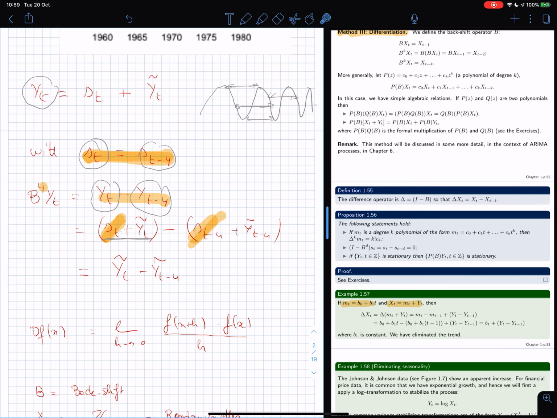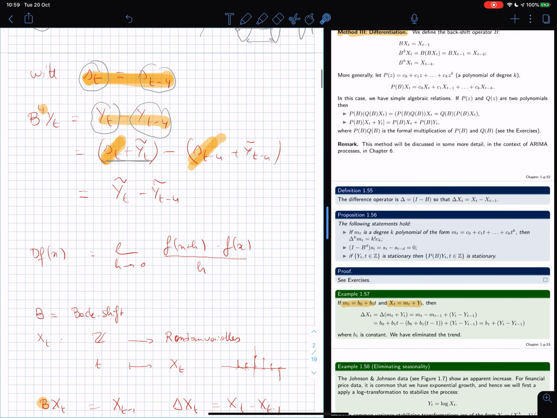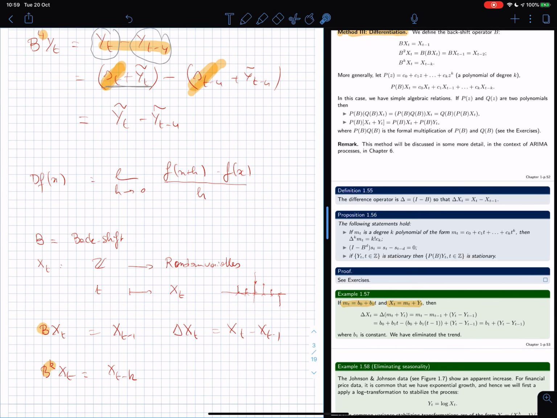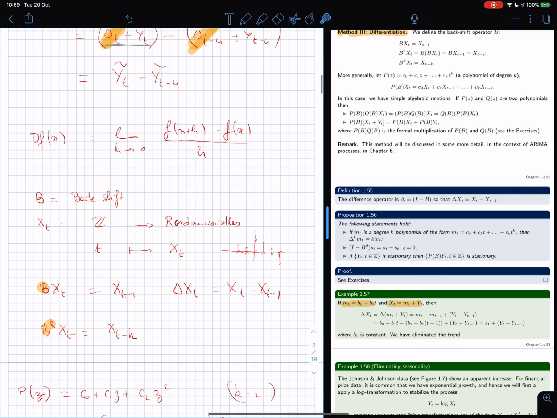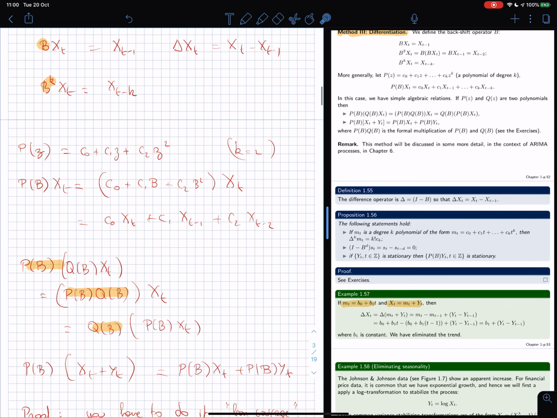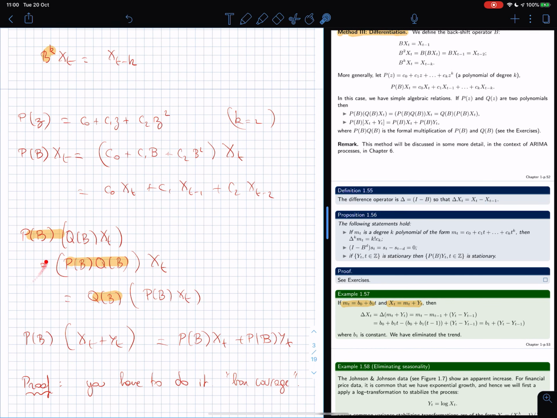To do this in all generality, we define the backshift operator, which sends a discrete function to its value at the previous time: B of x_t is x_{t-1}, and B^k of x_t is x_{t-k}. And you will be showing in the exercises that you have a certain form of calculus on these backshift operators.